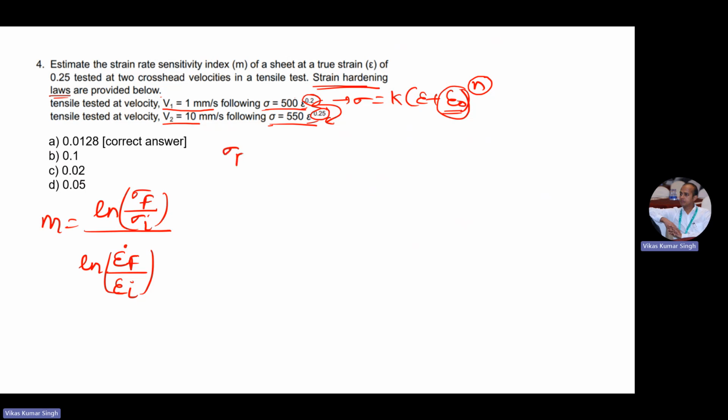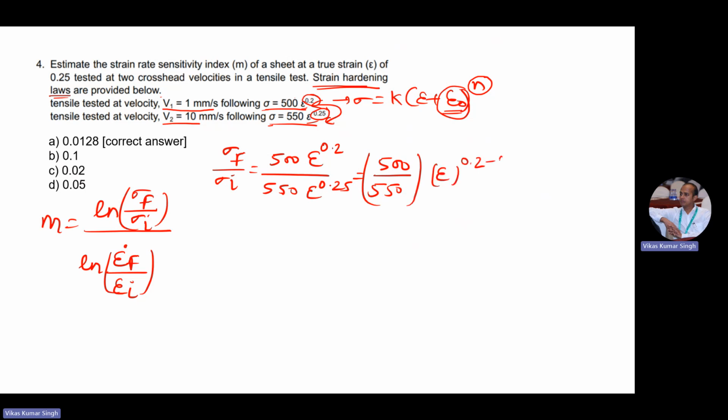So you can see sigma f by sigma i equal to 500 epsilon to the power 0.2 divided by 550 epsilon to the power 0.25. Okay, so this will be 500 divided by 550, and here epsilon to the power 0.2 minus 0.25, because this one I am taking in the numerator, and this is going to be 50 by 55 epsilon to the power minus 0.05.